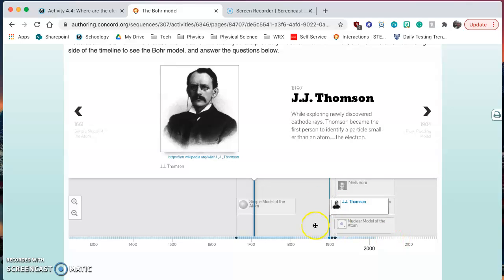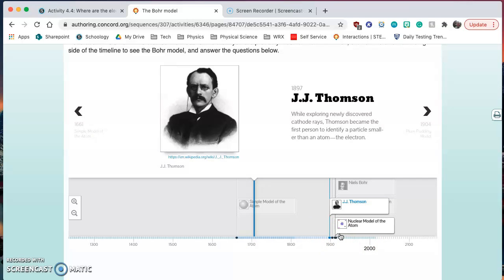And part of the reason that we saw these step by step is that if I were to go back to the particle model, that was happening around 500 BC. Whereas now we're talking about the 1900s.